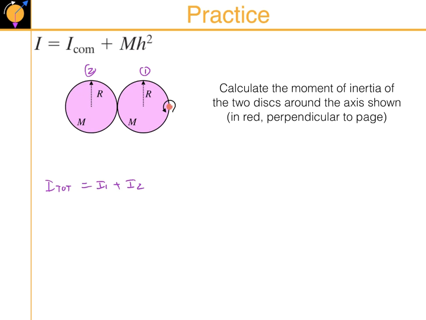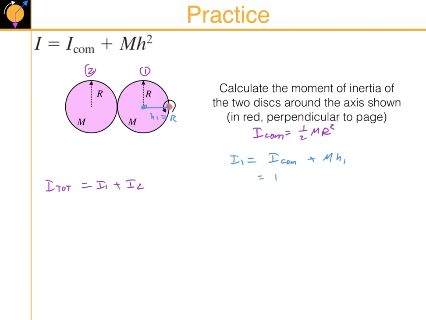Okay, what do we need? We need the moment of inertia through the center of mass of each one. They're both cylinders, and we've seen this one before. It's just 1/2 m r squared. So first, let's calculate the moment of inertia for cylinder 1. It's going to be I center of mass plus the mass times h1 squared. h1 is the distance from this center of mass here, so h1 is equal to r.